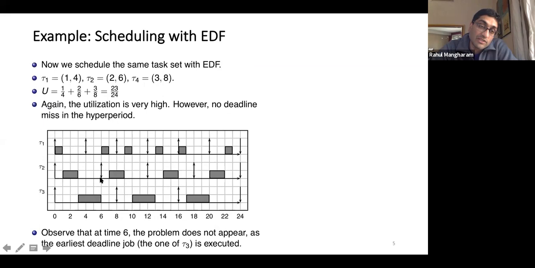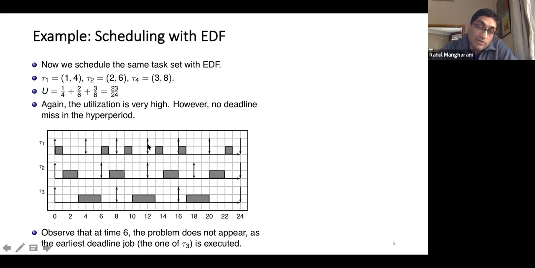Then I just look at who's the next most urgent deadline coming up. Tau 2 is coming up next, then tau 3's deadline is next, and of course also tau 1's deadline. But tau 3 will execute completely and not get preempted by tau 1, because it is the highest priority task. Then tau 1 executes and finishes.